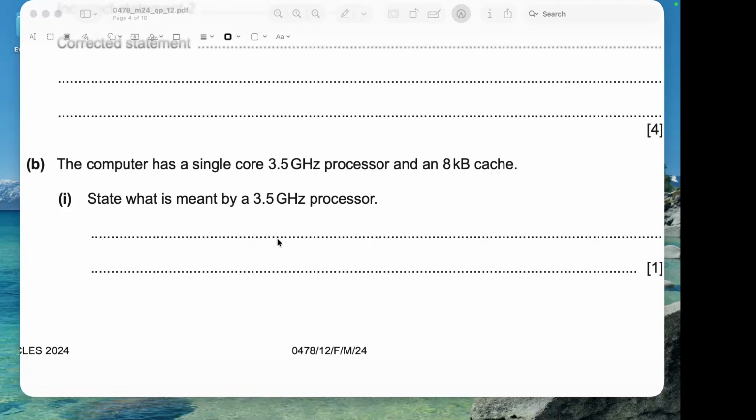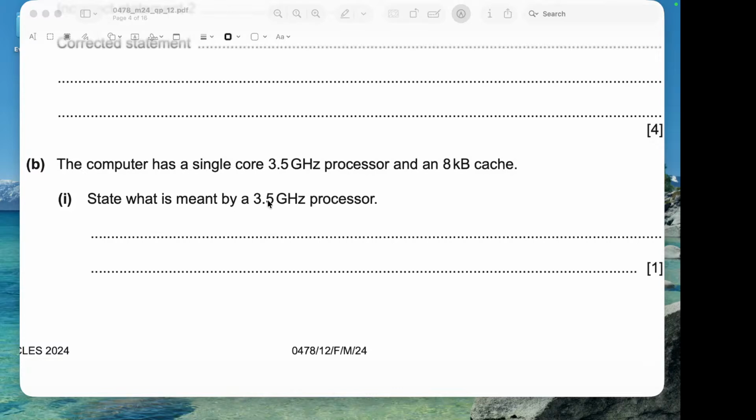Anyone want to hazard a guess? I think this is the only time they've actually asked about it in this way. So basically all it means is it can run 3.5 billion fetch execute cycles per second.